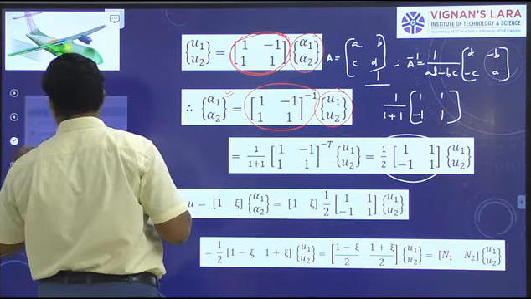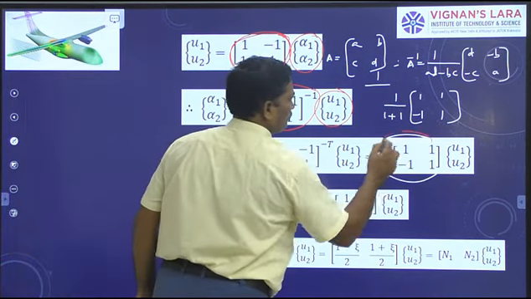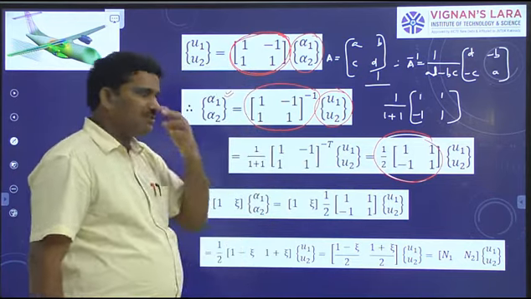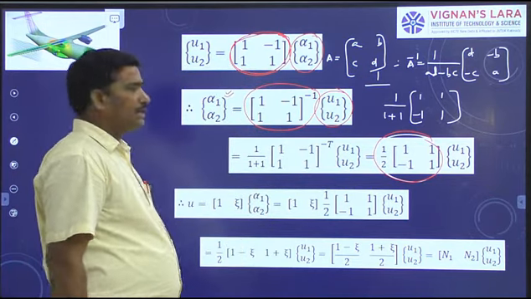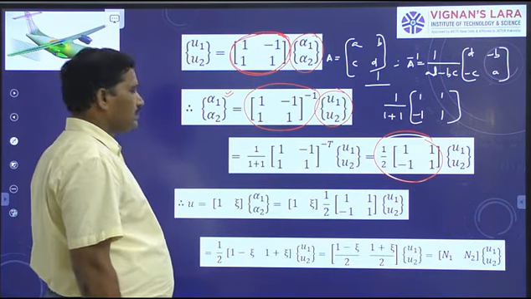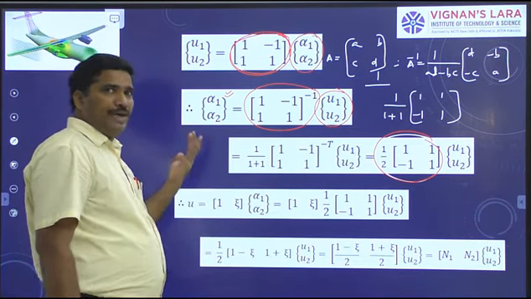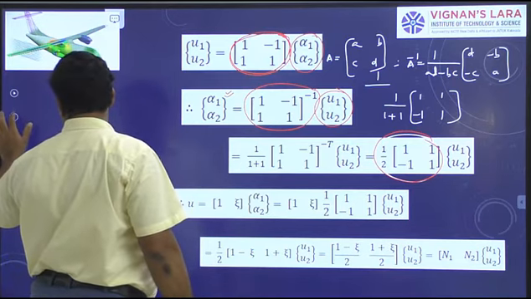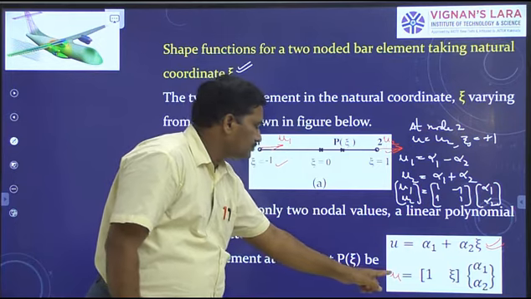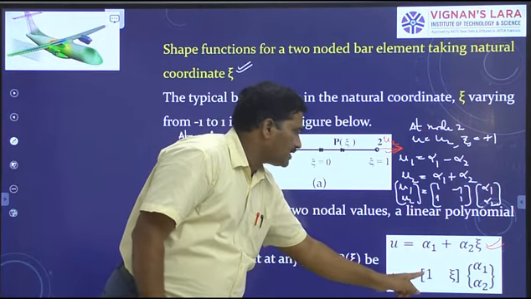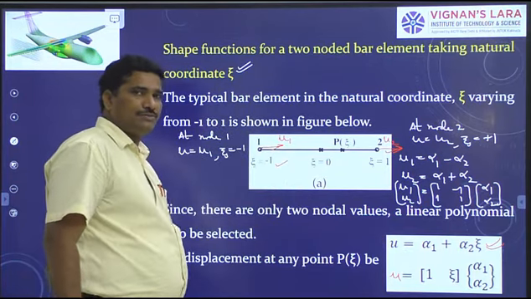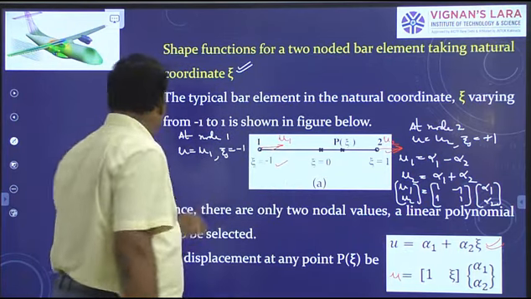That is what we have here, into a column matrix having the elements u1 and u2. Okay? So now, what do we do? Again, we go back to the previous equation. That is, u equals a row matrix having the elements 1 and ξ into a column matrix with the elements alpha 1 and alpha 2. Right? Same expression we take.